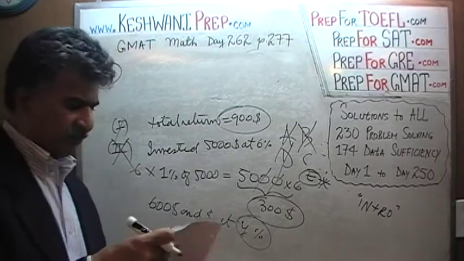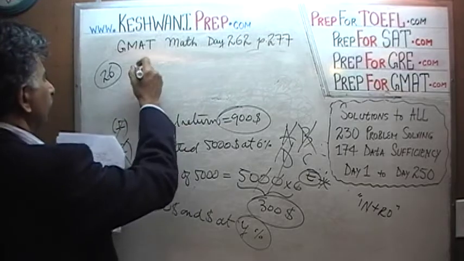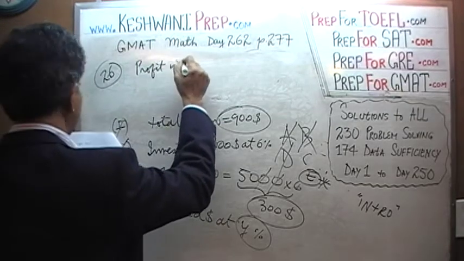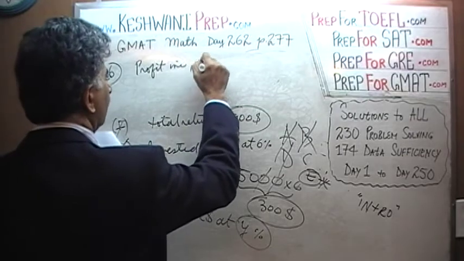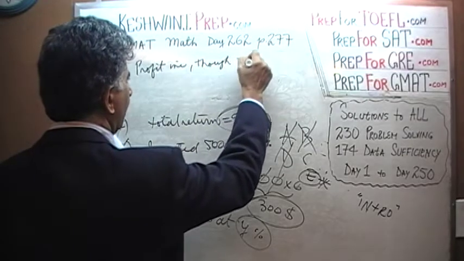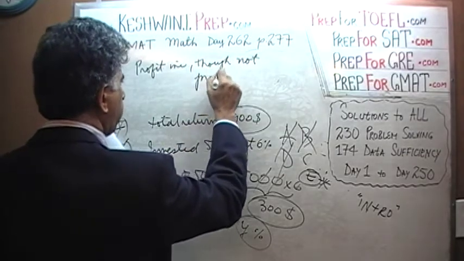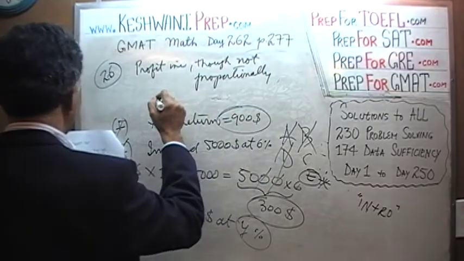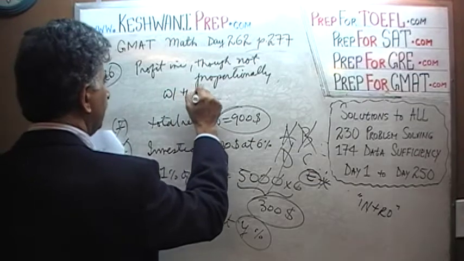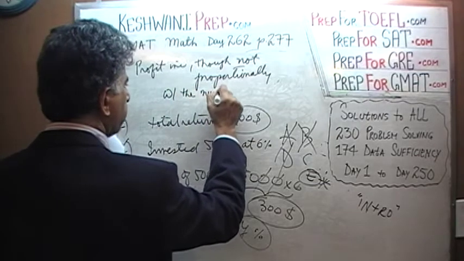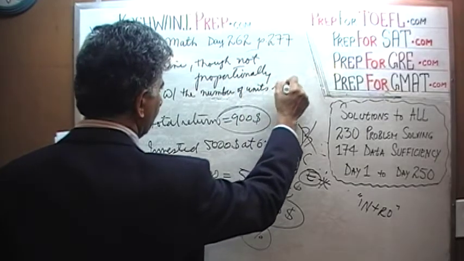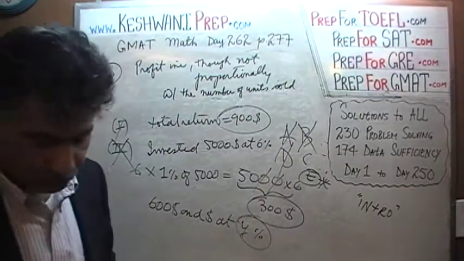Number 26 tells us that the profit increases, though not proportionally, with the number of units sold.